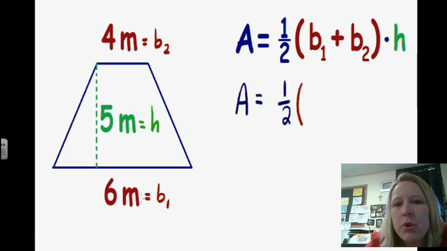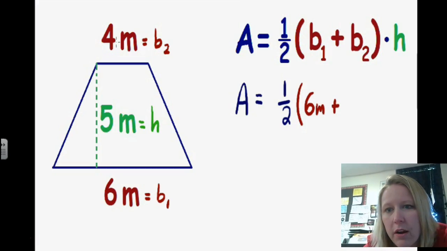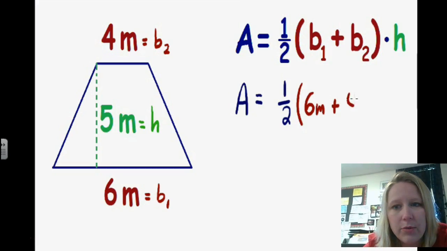So here we go. Let's put a 6 in where the base 1 goes. Yes, write this in your notes. Then let's put a 4 where the base 2 is. Yes, write this in your notes step by step. Make sure you've drawn the figure. Now the height we already said was 5.